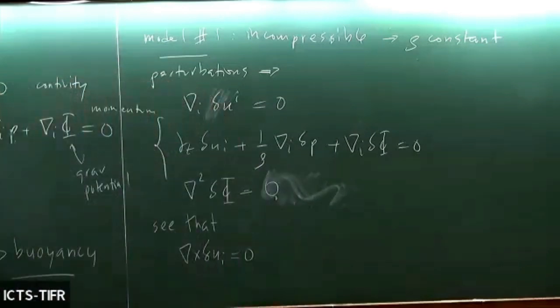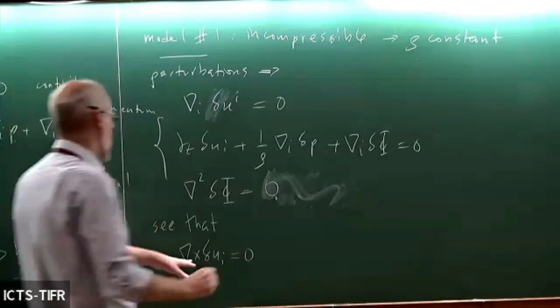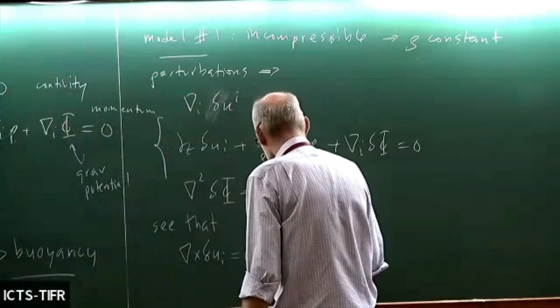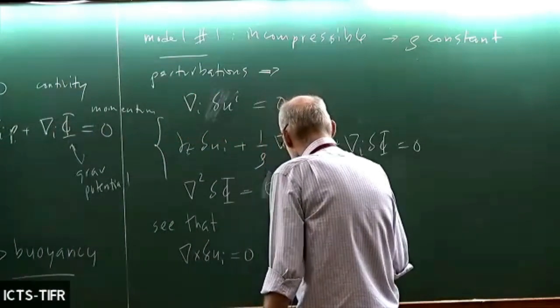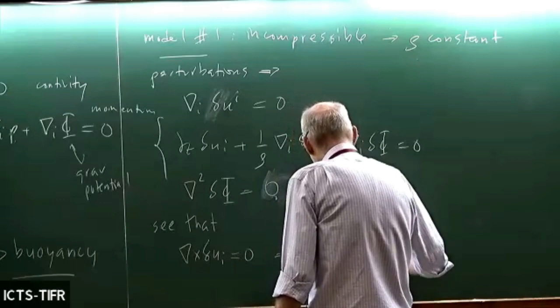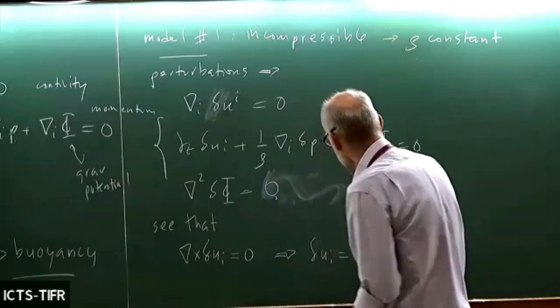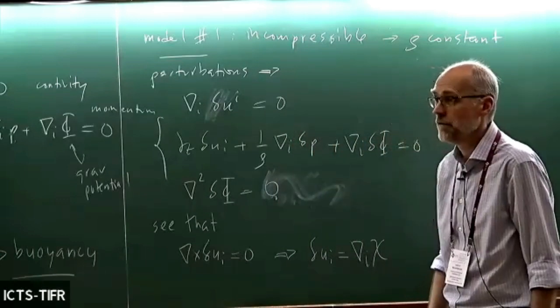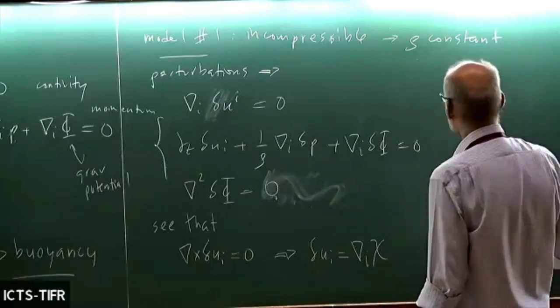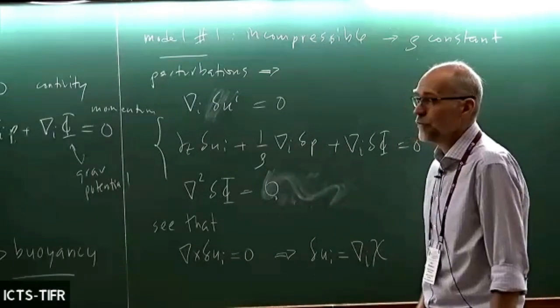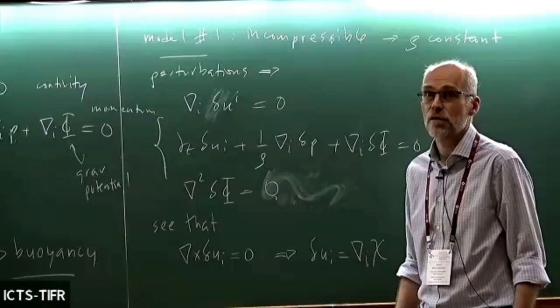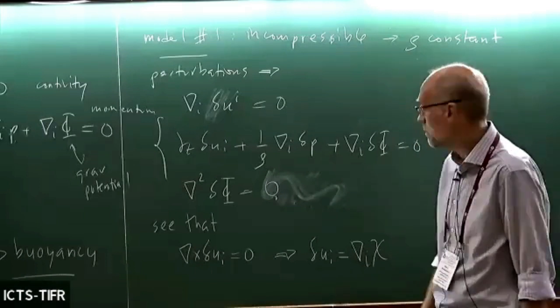Now, you probably know, because you've seen this, I'm sure, in learning vectors, that if this is true, then I can represent this velocity by a potential. So this suggests that I can write this as a gradient of some potential. Let's call it chi for now. This is the argument that leads you to, in 2 seconds, the Bernoulli law for fluids.